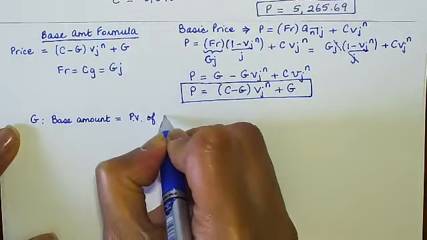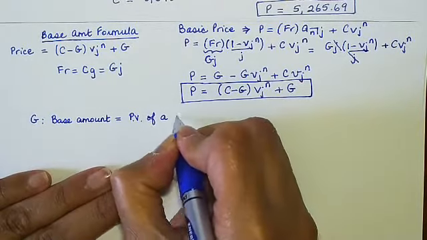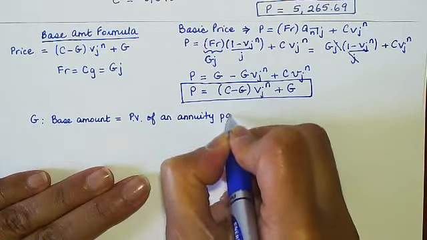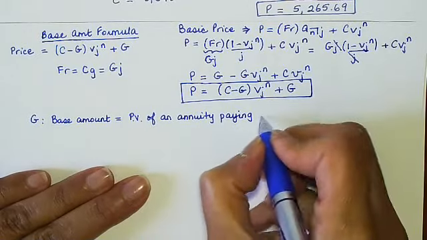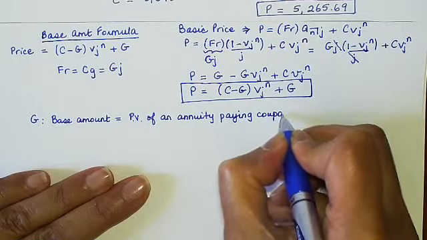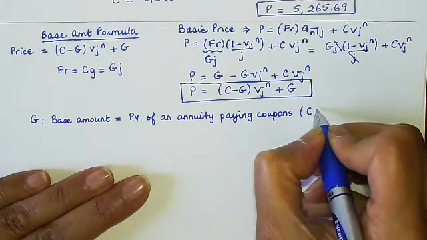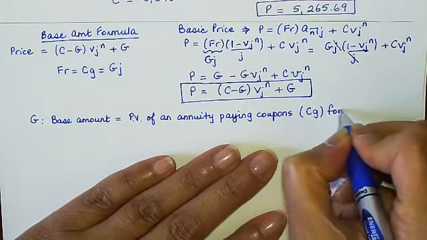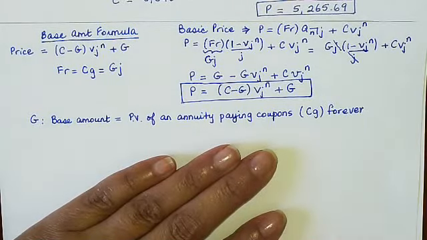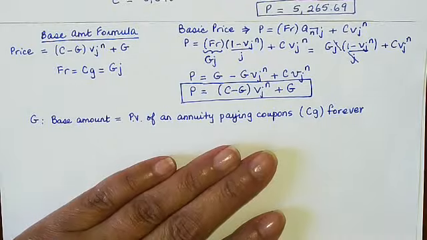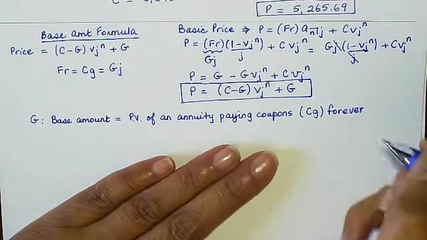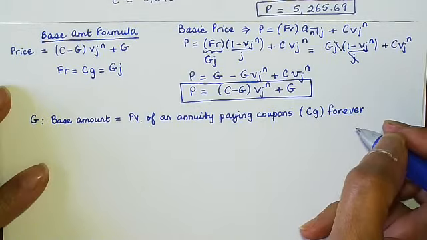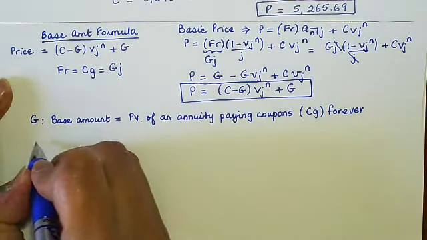It's the present value of an annuity paying the coupon, which are CG, forever. So basically it's a perpetuity, paying a coupon of FR equals CG, and it's the present value of that perpetuity.